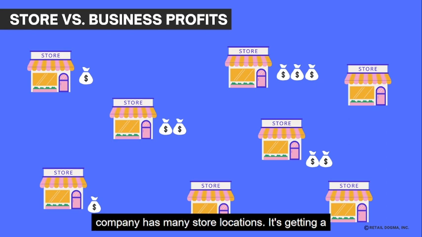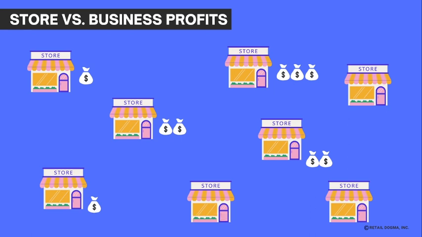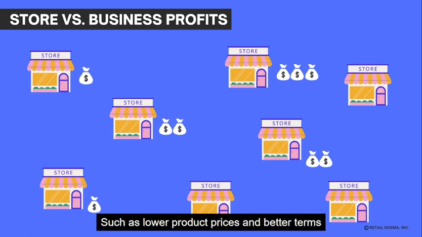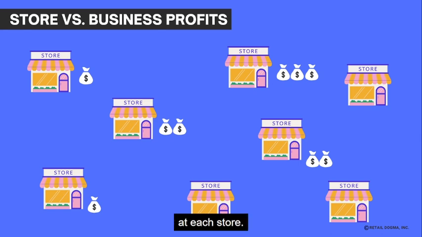When a company has many store locations, it's getting a lot of benefits related to scale, such as lower product prices and better terms with suppliers, better store rents and prices from vendors, a higher market share and brand exposure, as well as the ability to divide common costs over a higher number of locations. All this is taken into consideration before making store closure decisions, and not only the net profit at each store.